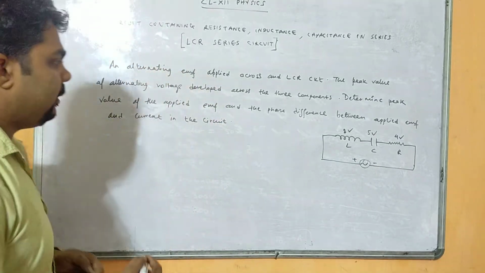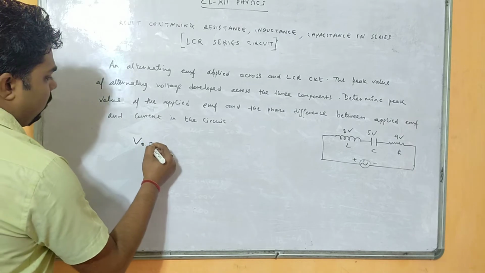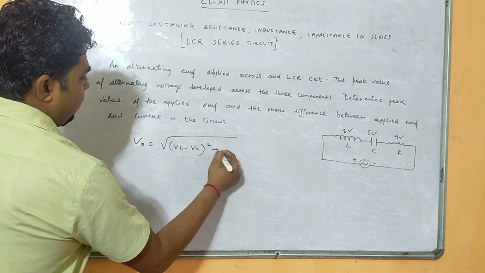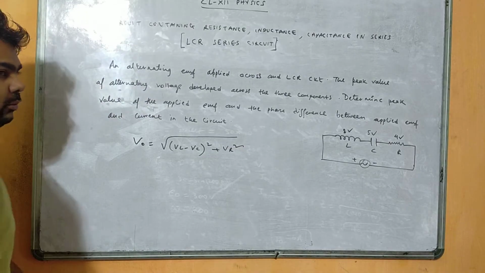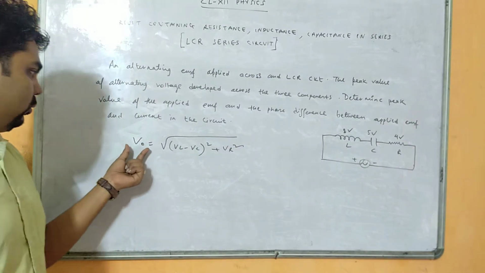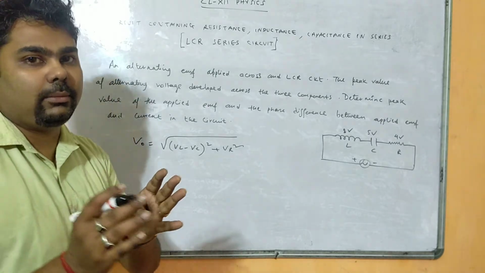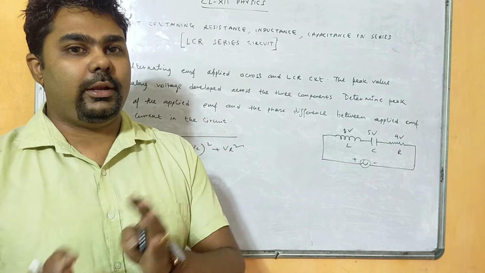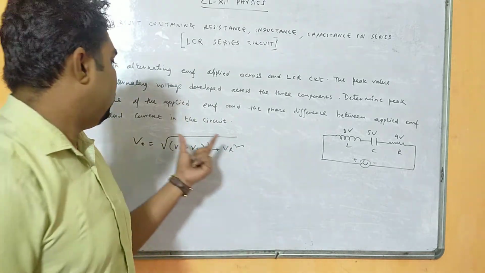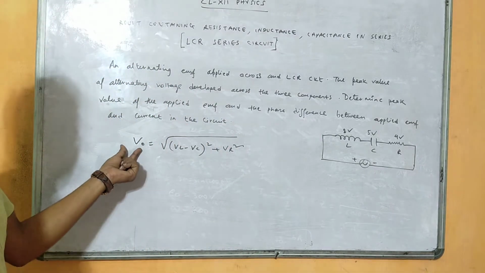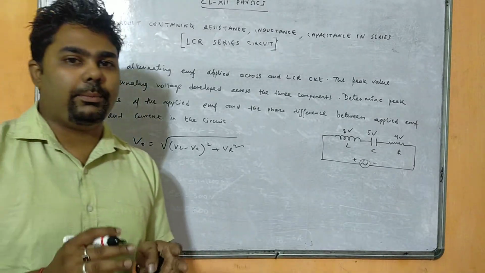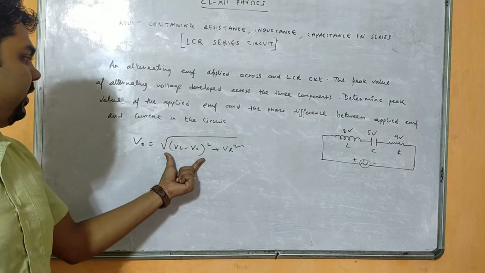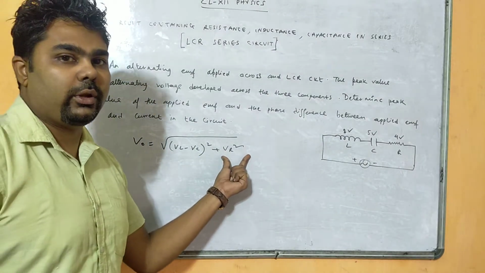So to calculate the peak voltage, it is given by V0 equals root under (VL minus VC) whole square plus VR square. This is the formula, right? So we know that in a phasor diagram, the resultant V is between VL minus VC and VR. So V means here V0. That means when you are asked to find the peak value of the voltage, you will be using V0 equals root under (VL minus VC) whole square plus VR square, right?